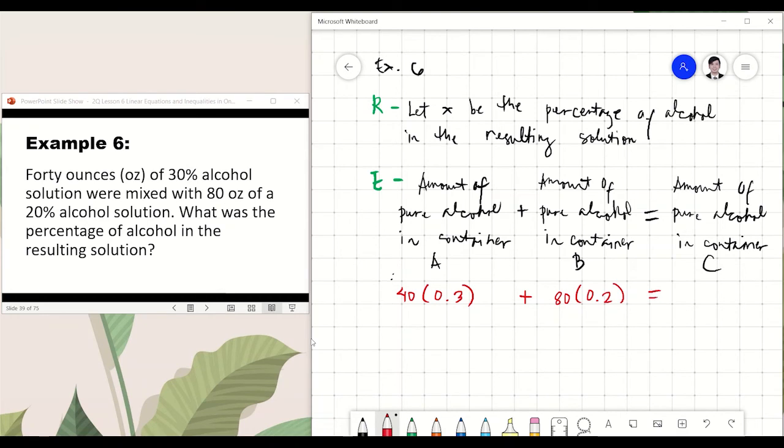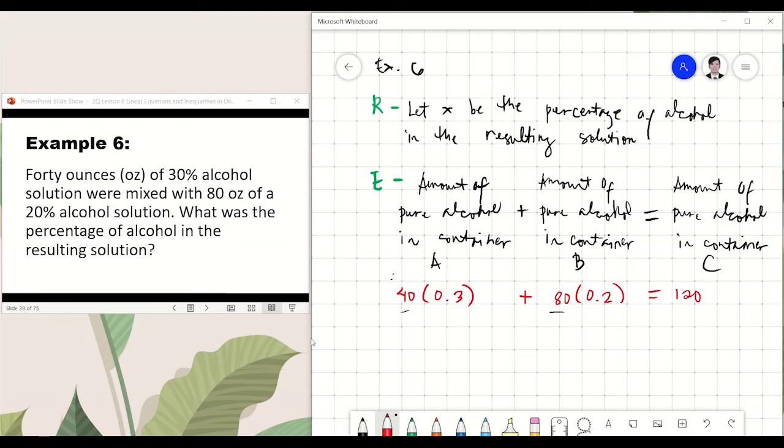That means we combine whatever is inside the two containers. If container A is 40 ounces and container B is 80, when we combine them it will become 40 plus 80, which gives us 120 ounces.